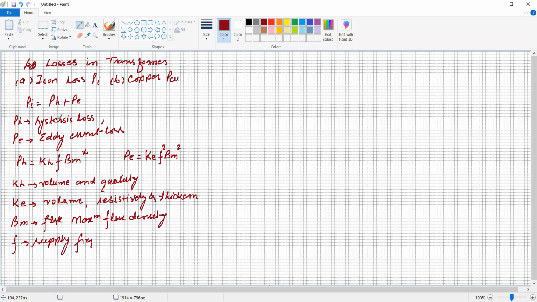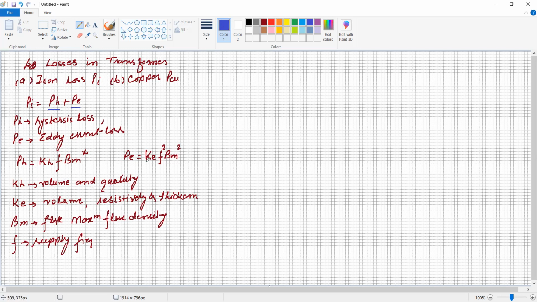So iron loss is the summation of hysteresis loss and eddy current loss. Hysteresis loss is equal to KH F BM raised to X, where KH is the proportionality constant whose value depends upon the volume and quality of magnetic material.